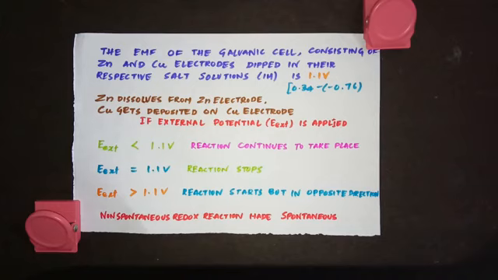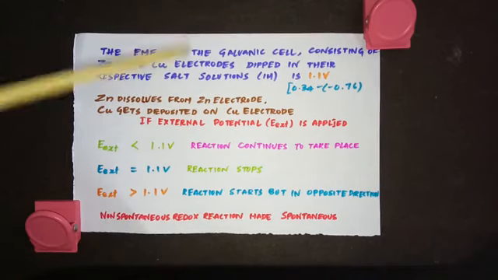That is a non-spontaneous reaction. You know, right? Zinc dissolving and copper getting deposited is a spontaneous reaction which doesn't need any external energy. But the reverse reaction, where copper is getting dissolved and zinc is getting deposited, is the non-spontaneous reaction. But now that has started to happen when the external potential is greater than the EMF of the cell.